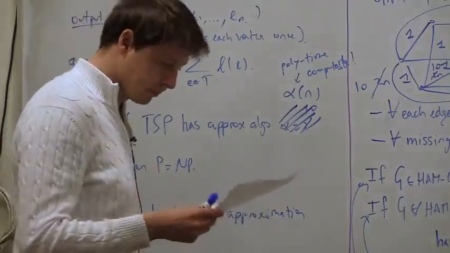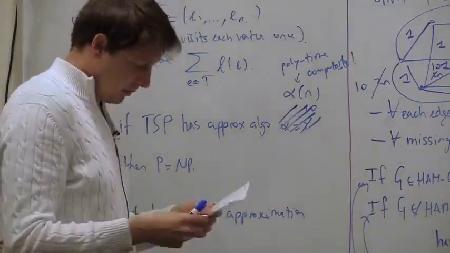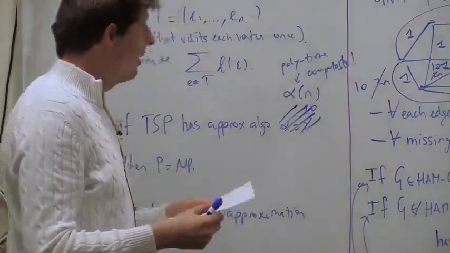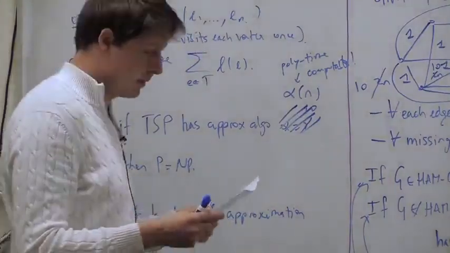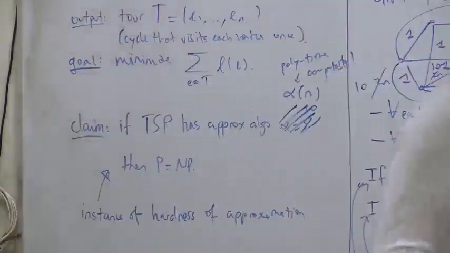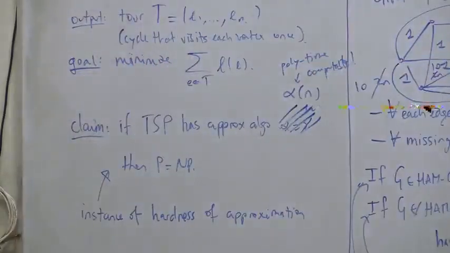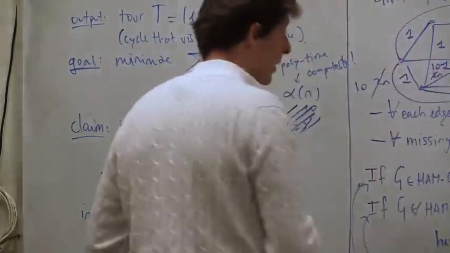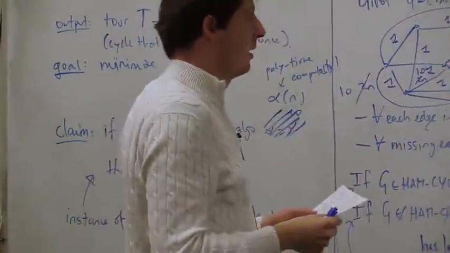Okay. So that's as much as I wanted to say. Remember that you either want to design them or you want to rule them out, just like normal algorithms. And just like normal algorithms, they run in polynomial time. And just like normal algorithms, you need to prove their guarantees.